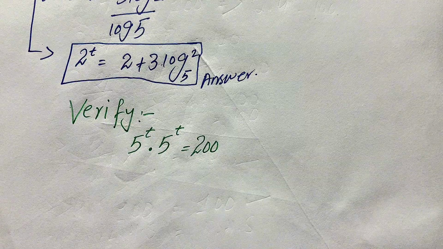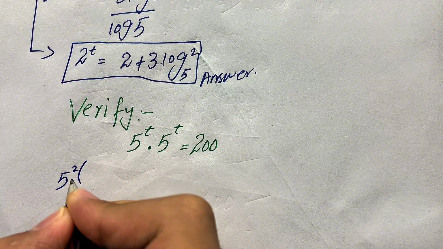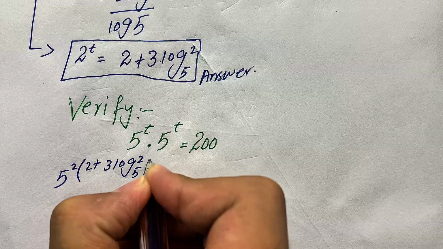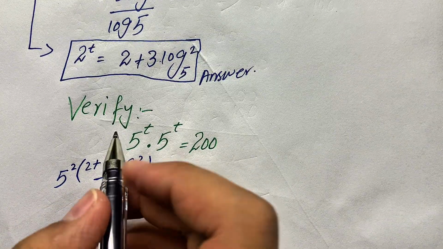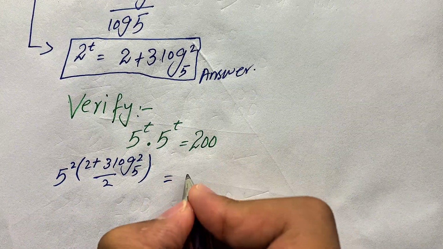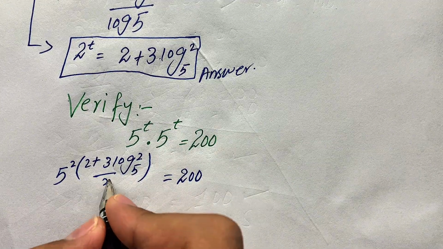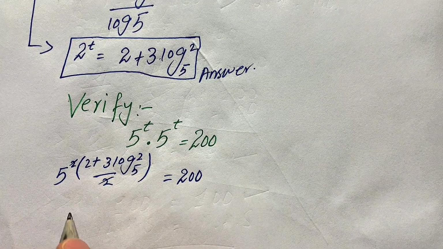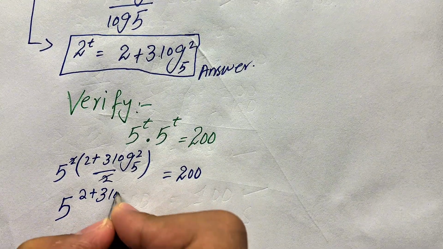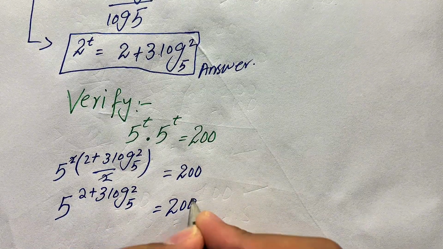After using this we get 5 to the power 2 plus 3 log of 2 base 5, divided by 2 because of this 2, is equal to 200. So this 2 cuts with this, and 5 to the power 2 plus 3 log of 2 base 5 is equal to 200.